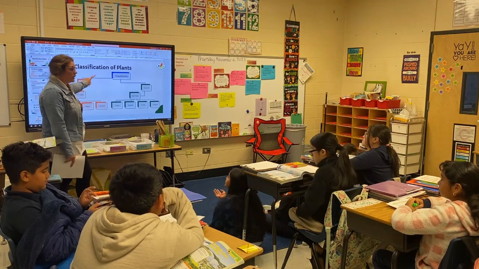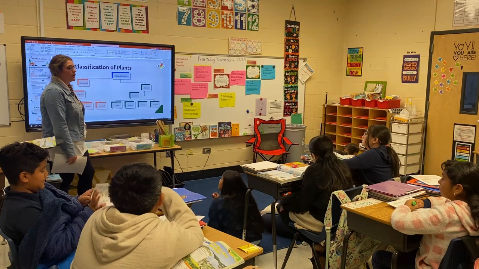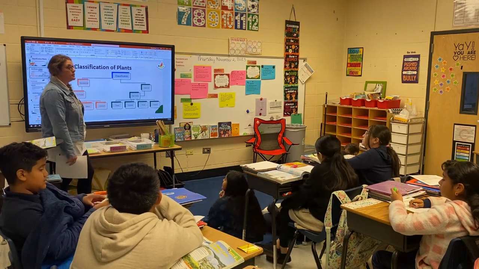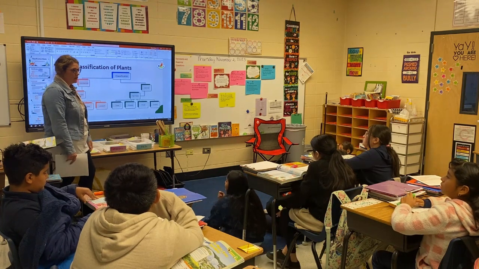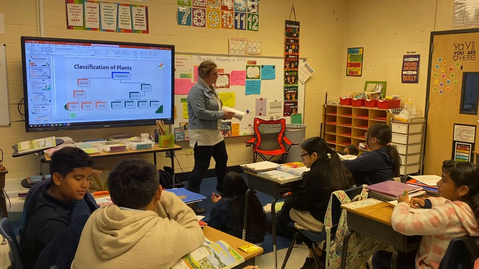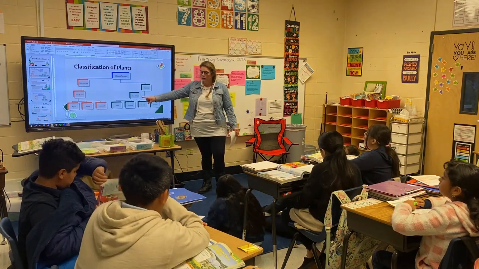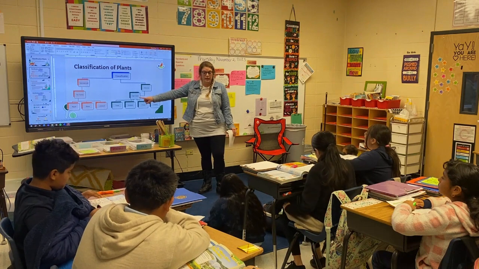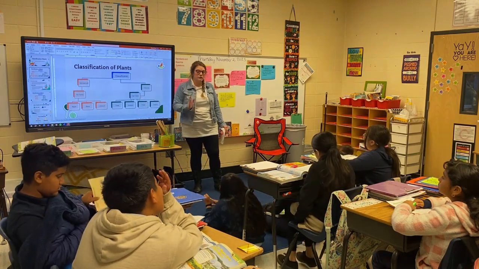So again, let's go over it. Non-vascular, no tubes. How do they gather water? They are like a sponge and they absorb and soak in water. Okay? So vascular, again, has tubes. And their tubes carry their water through the plant from the roots to the stems.